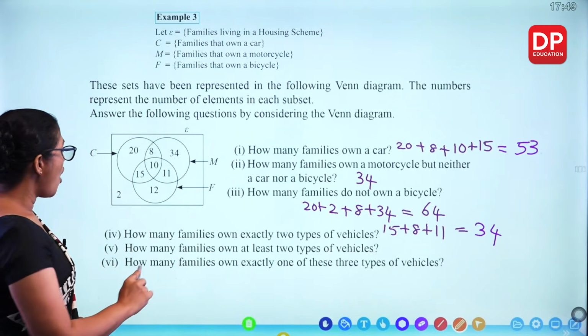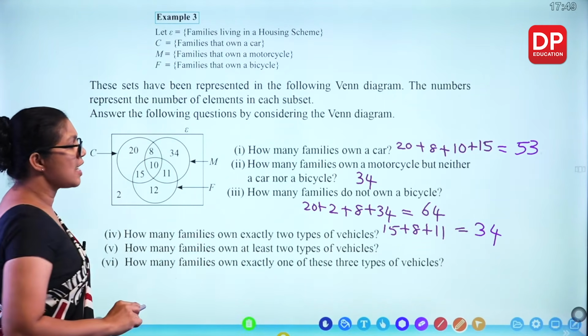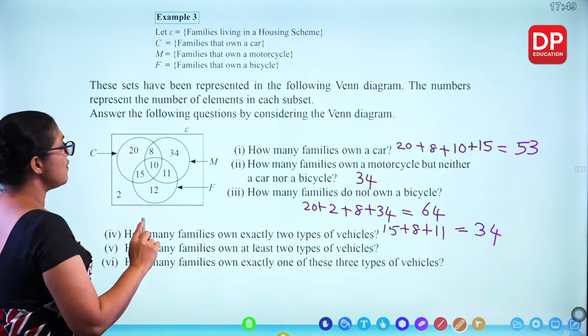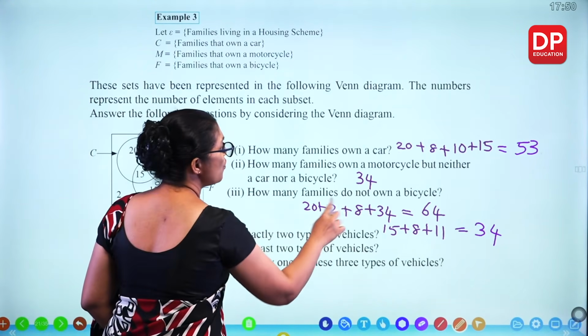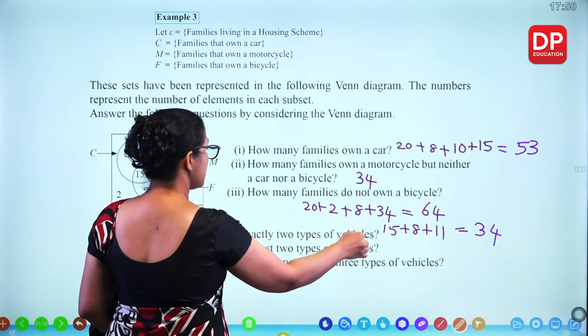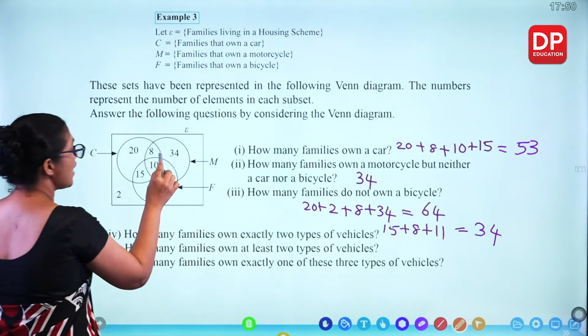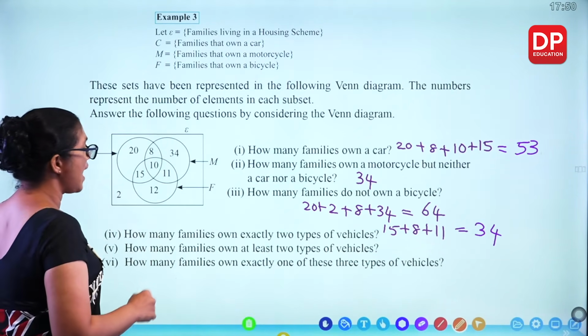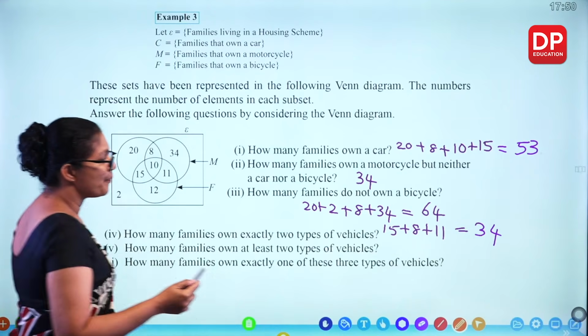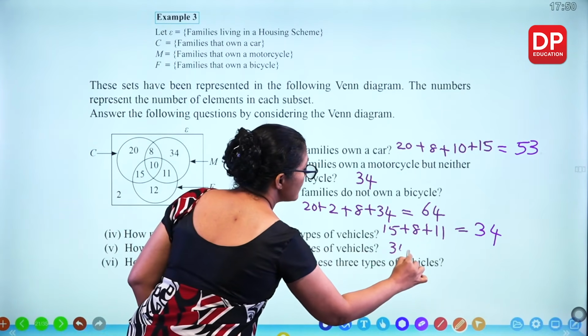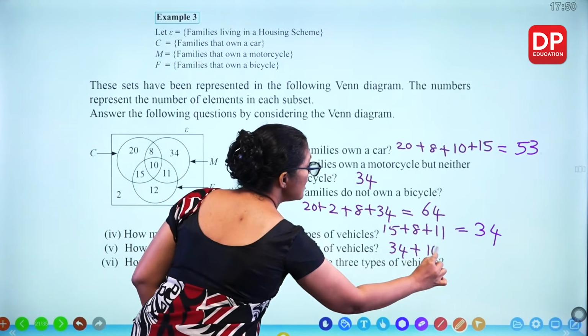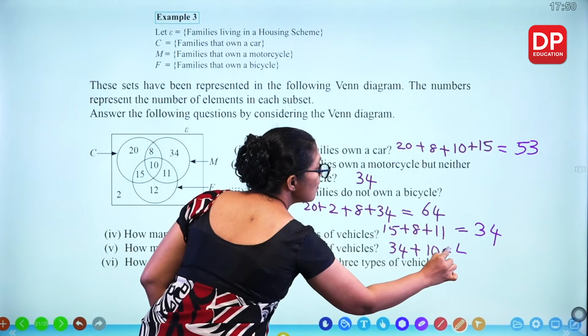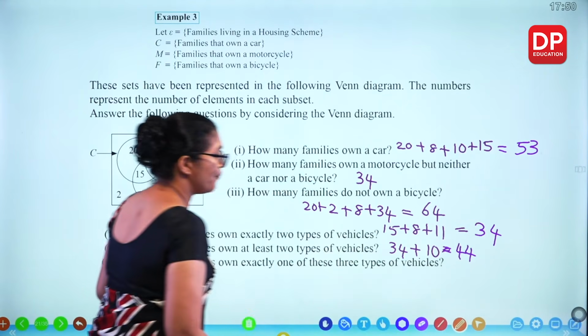So the next part, how many families own at least two types of vehicles? Earlier we found only two vehicles, that's this one, 34, but now you can add 10 as well. At least two means two or more. So I can add 34 and 10, you get 44.